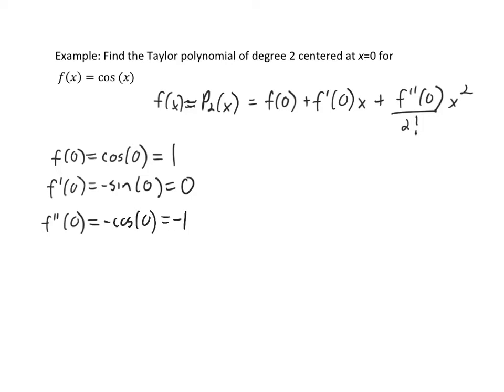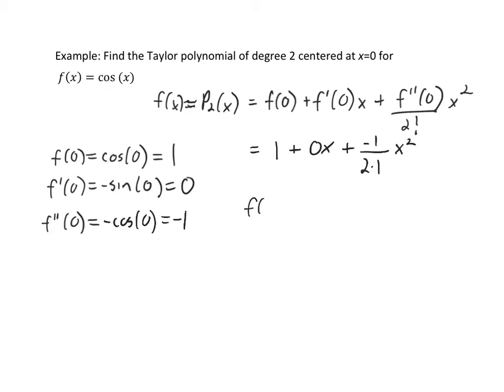So let's plug those in up here. F of 0 is 1, plus f prime of 0 times x, so 0x, plus f double prime of 0, which is negative 1, over 2 factorial, and 2 factorial is 2 times 1, times x squared.